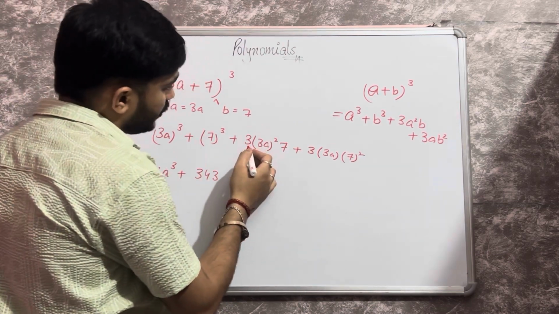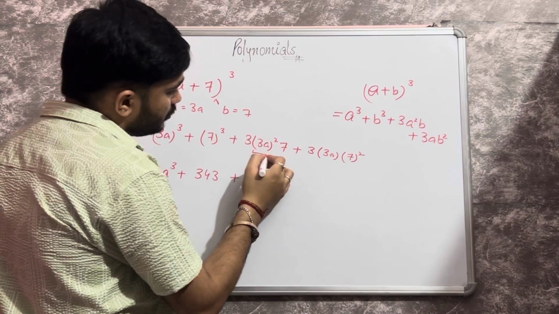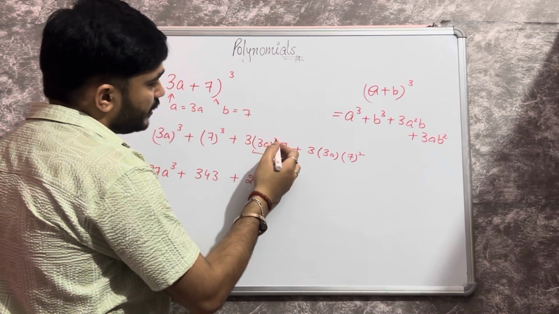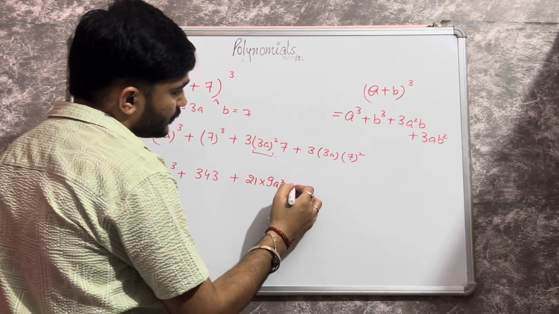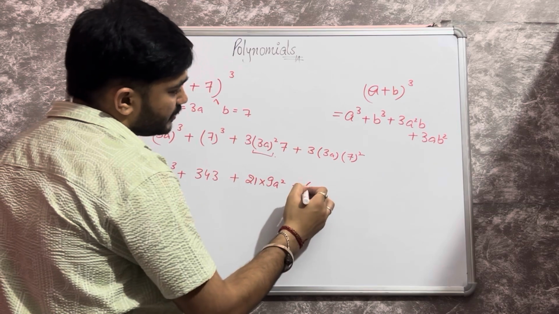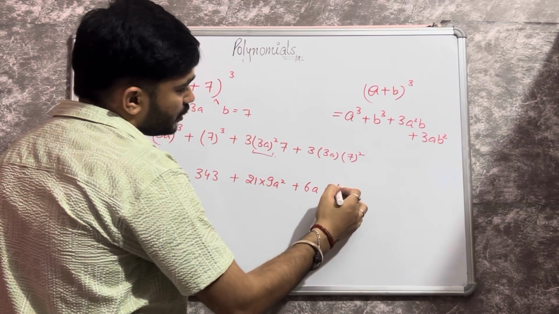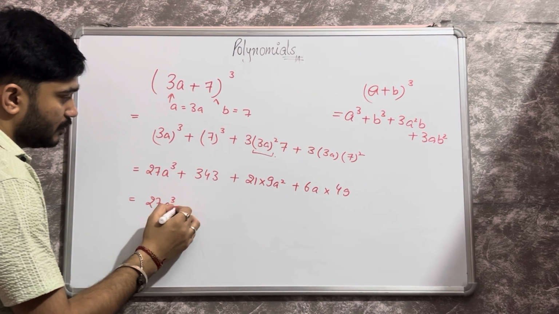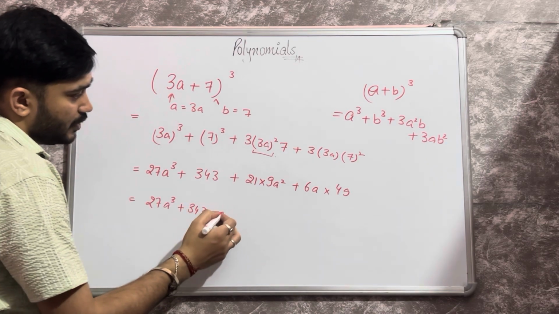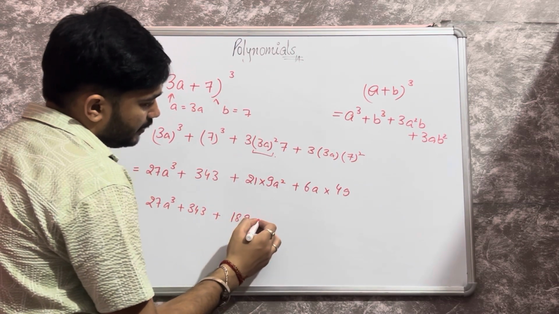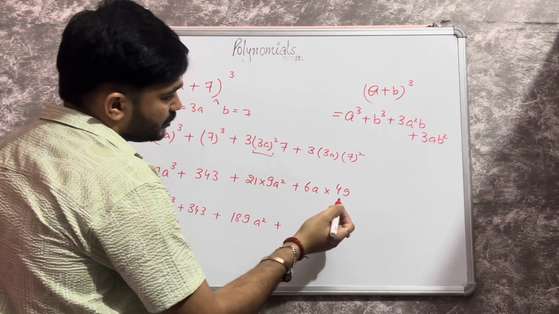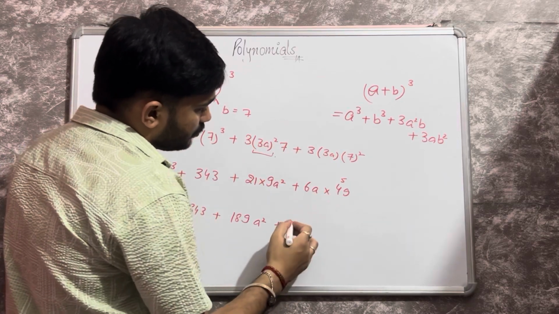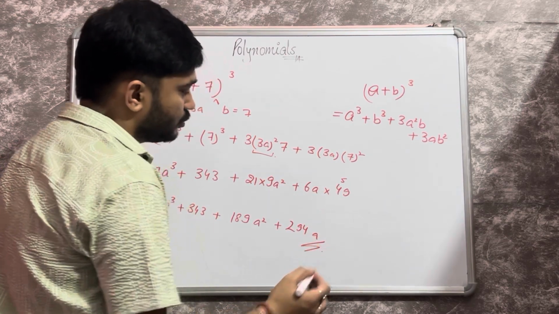Plus, firstly we solve the bracket: 3 into 7 is 21, multiplied by 3² which is 9, gives 189a². Plus 3 into 3a is 9a, multiplied by 7² which is 49, gives 441a. So the answer is 27a³ + 189a² + 441a + 343. This is going to be our answer.